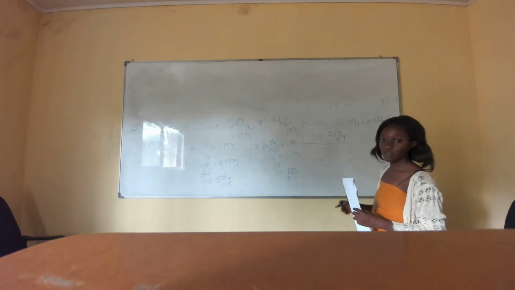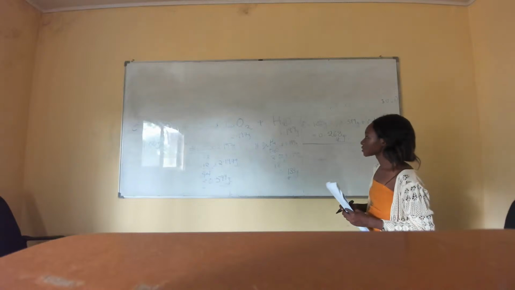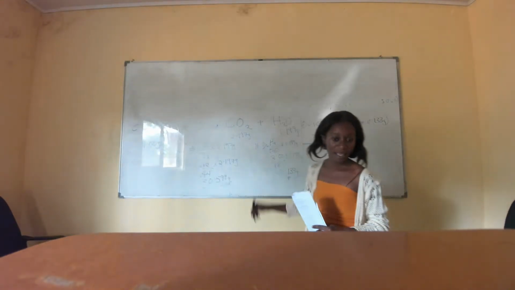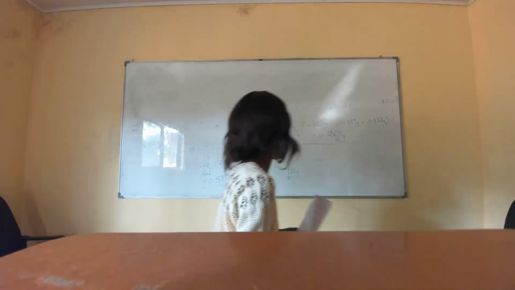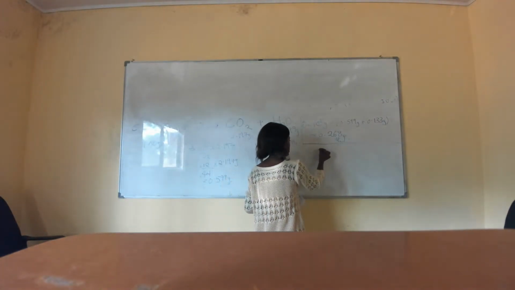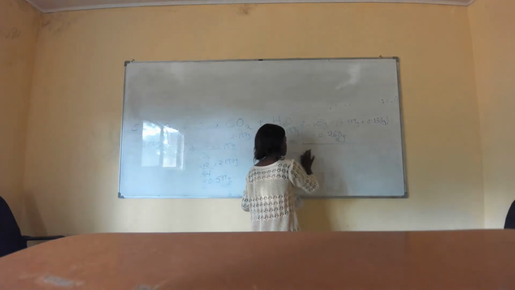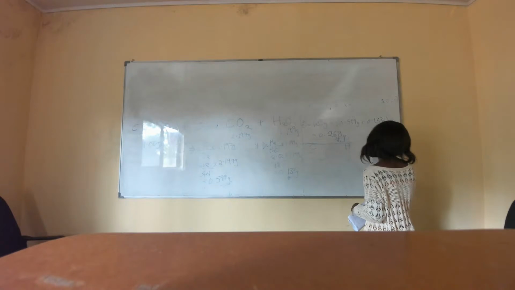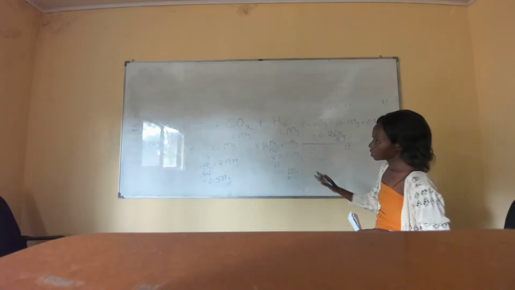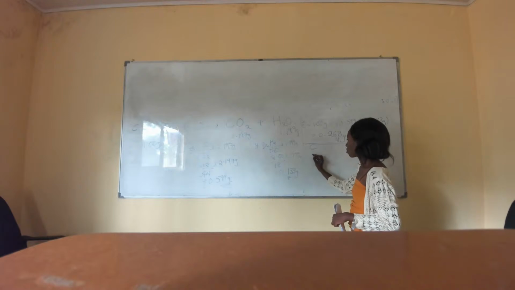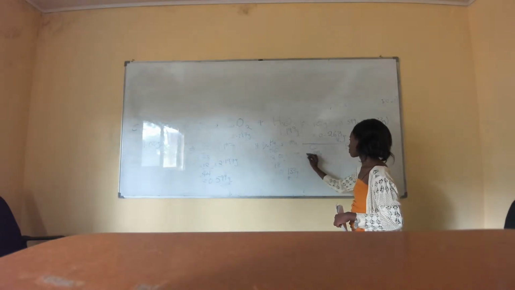Us having the mass of each element means we can calculate its number of moles. We can now calculate the number of moles to give us the empirical formula. So to calculate the number of moles, we start with carbon. So we can simply say carbon on top, hydrogen, and oxygen. So for carbon, the mass is 0.599 grams.